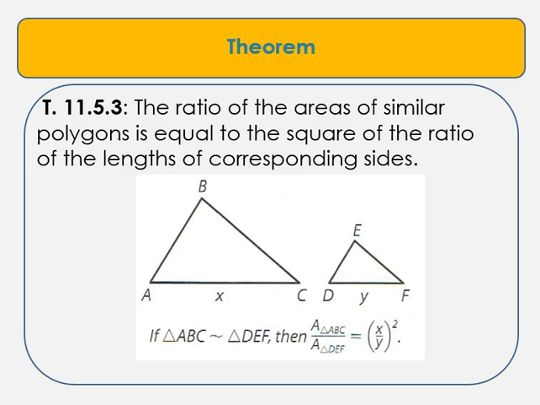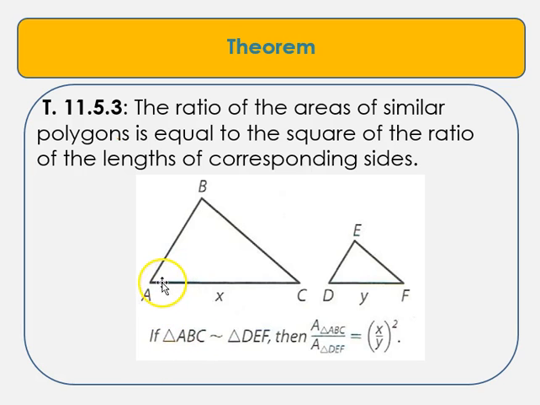Up until this point, we've been comparing sides in our proportions. Now we're going to compare the scale factor, or what k equals, the fraction we've been solving for in each of these problems, to the area of two figures.